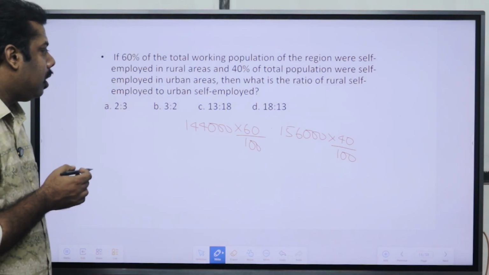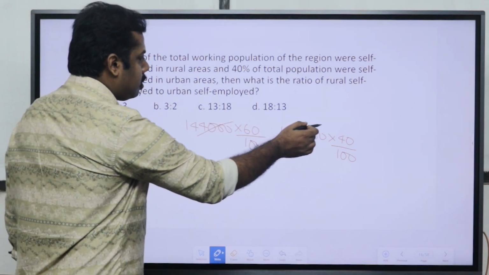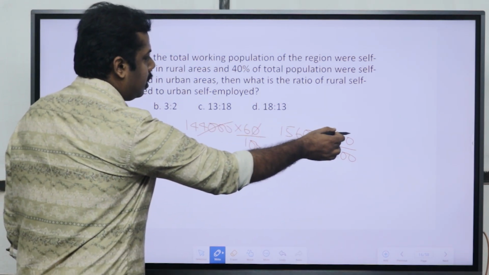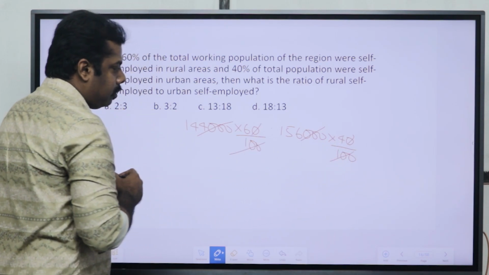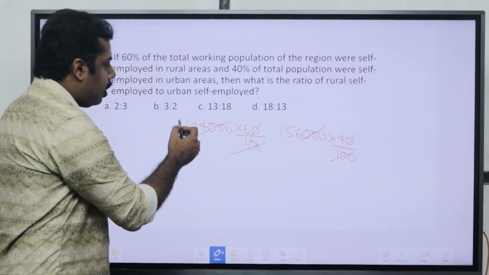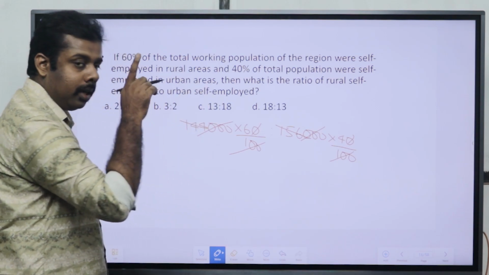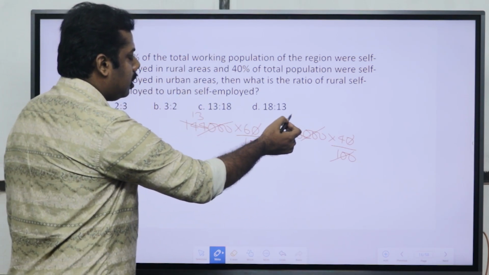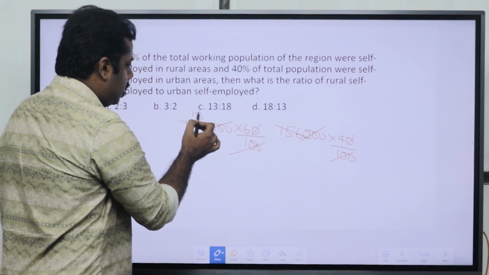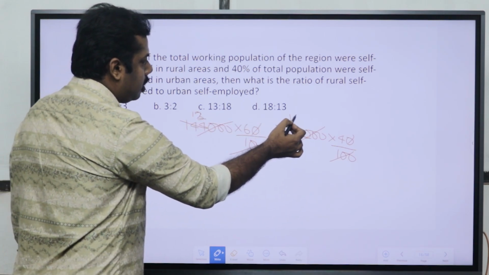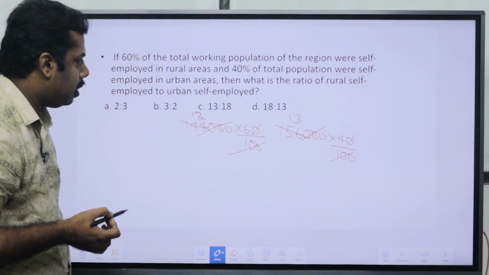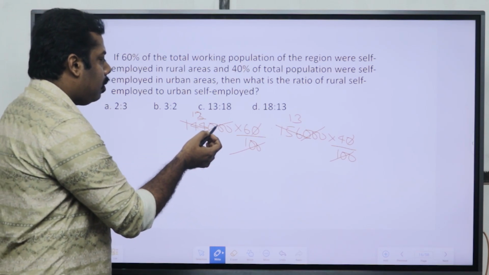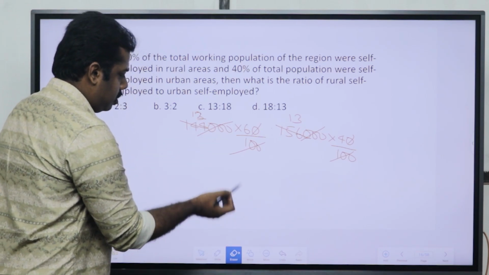So just cancel out the common terms here. 1000 is common, as we can see. 10 is common here, 100 is common below. Then 144 and 156 we already did. 12 is common in both the terms. So here we are getting 12, and here we are getting 13.